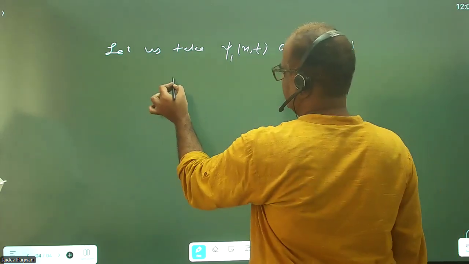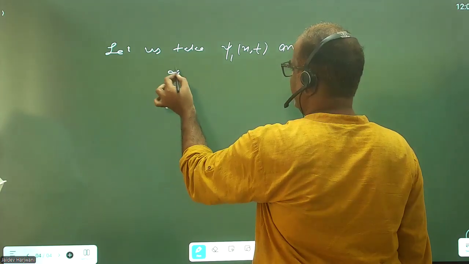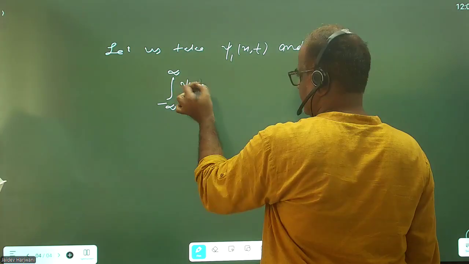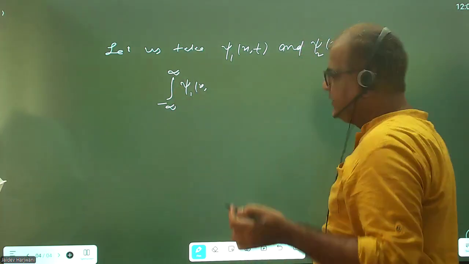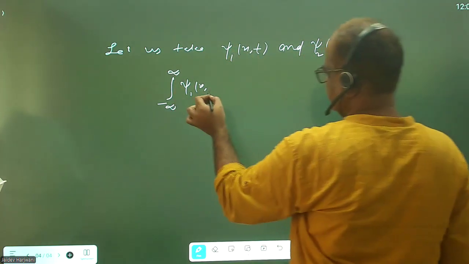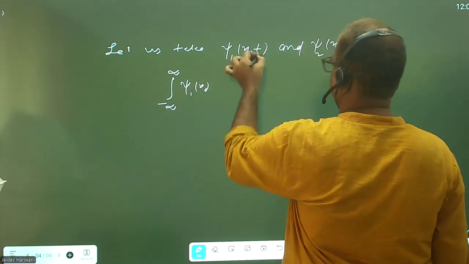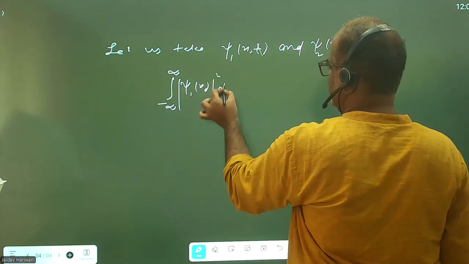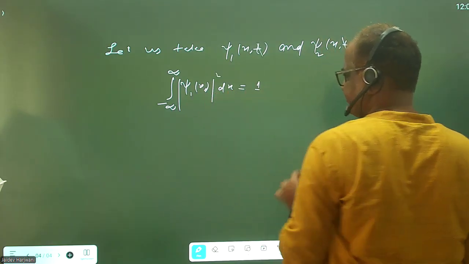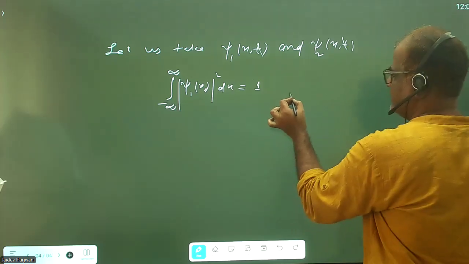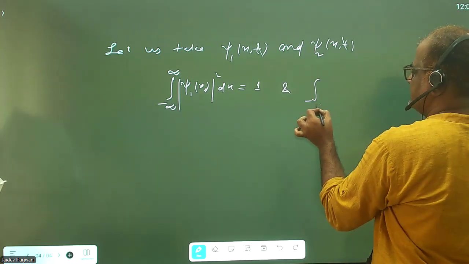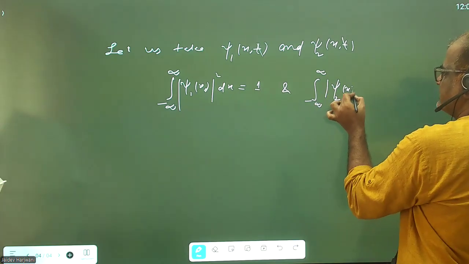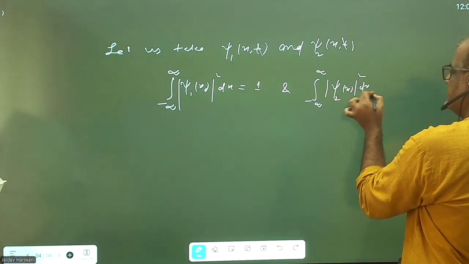We are not discussing the time dependence now, so you can just take psi x. That means the integral from minus infinity to infinity of mod psi1 x square dx is equal to 1, and the integral from minus infinity to infinity of mod psi2 x square dx is equal to 1.